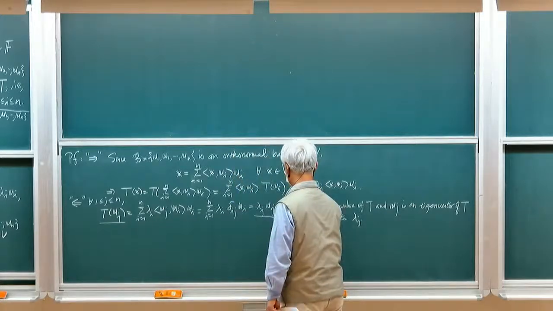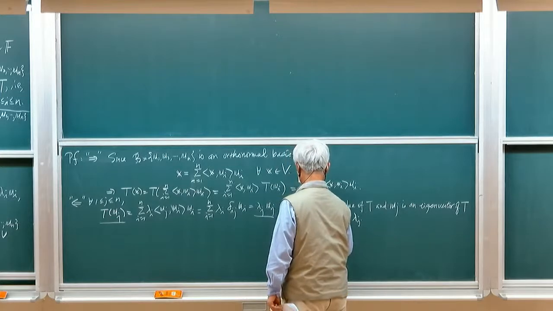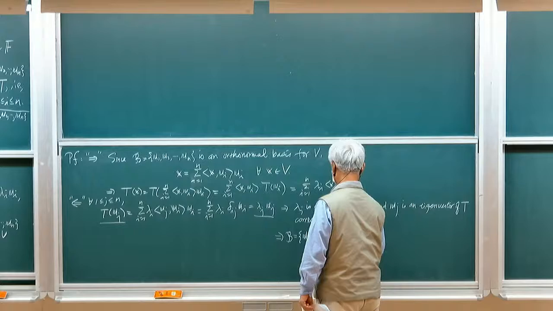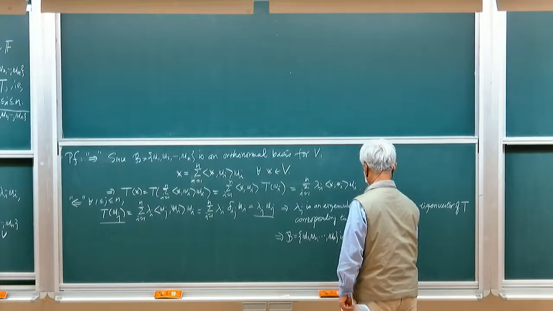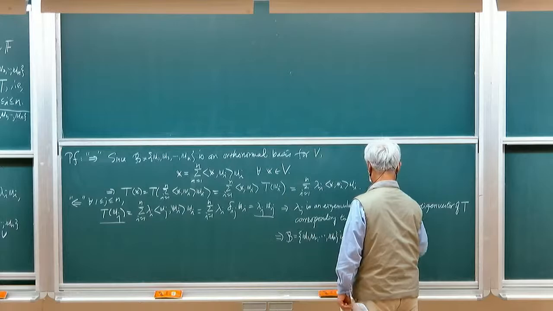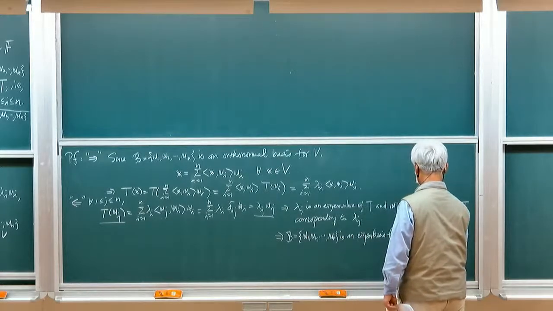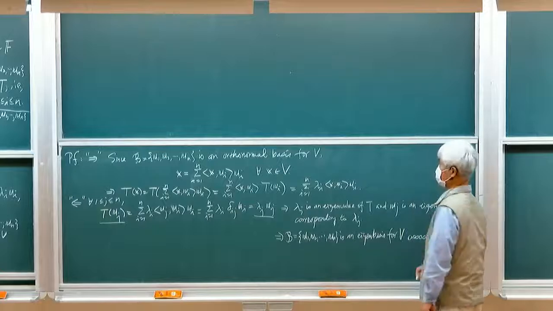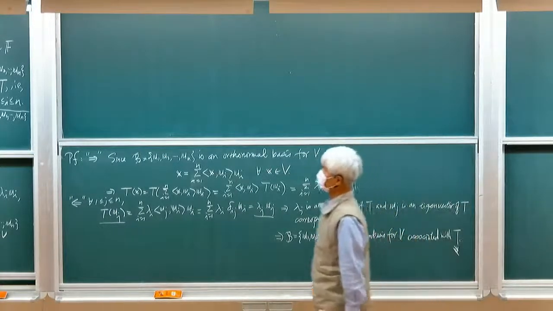Right, and so this implies that u_1 through u_n is an eigenbasis for V associated with T, and we have done.